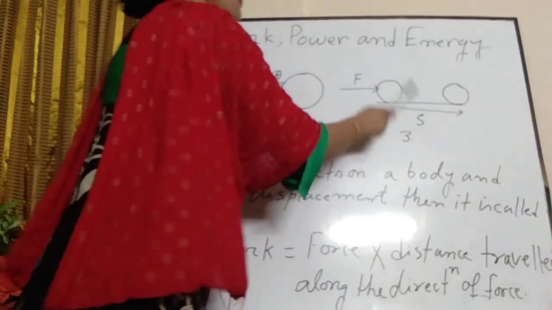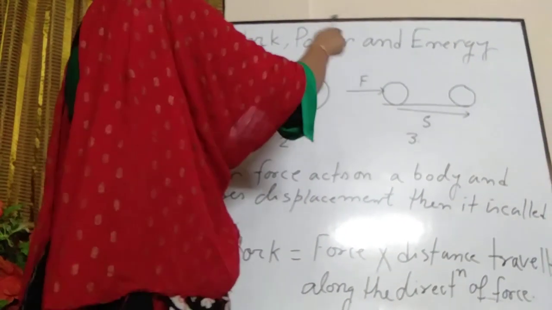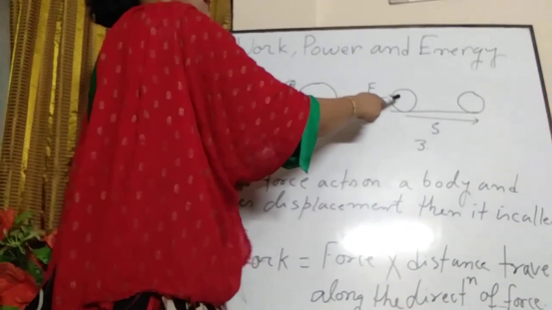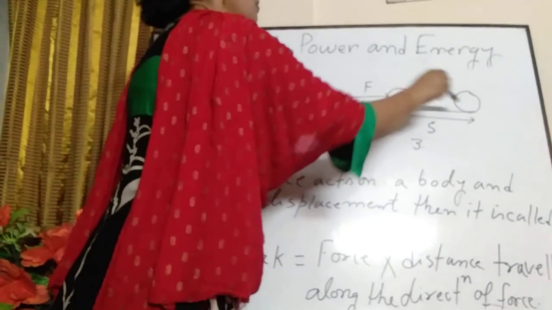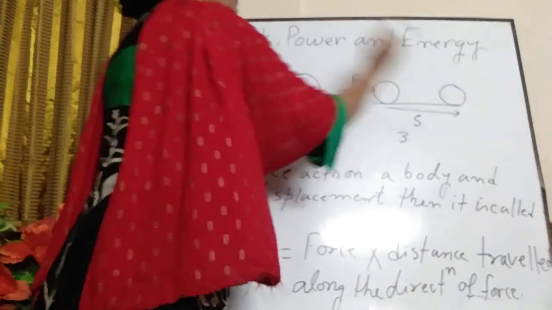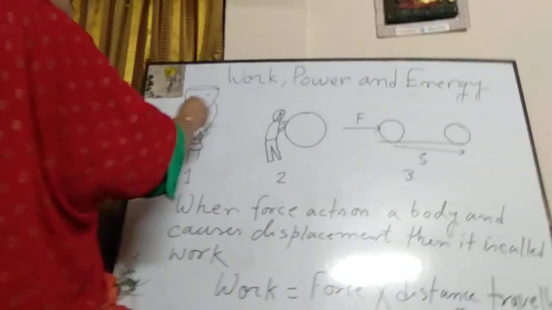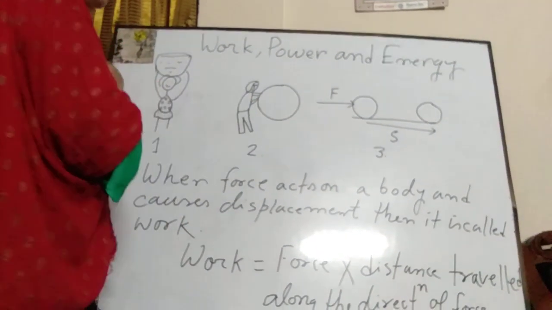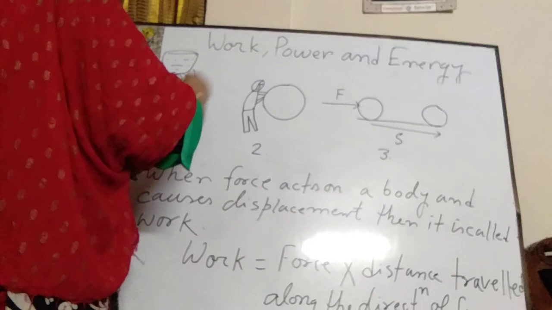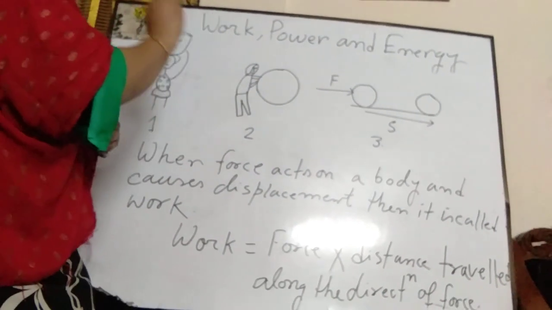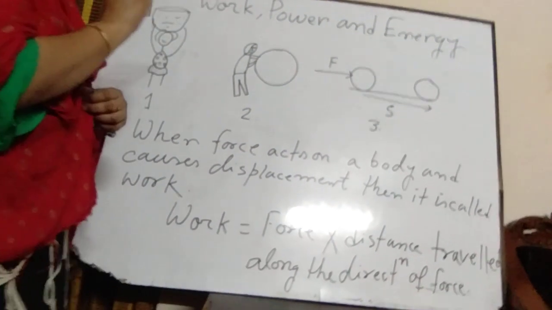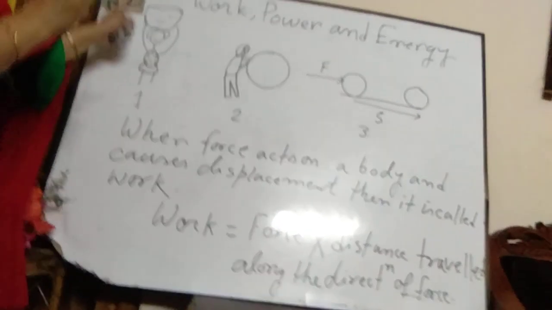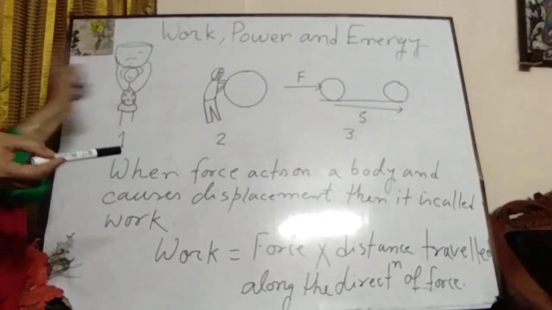Yes, in figure 3, because here force is applied on an object and as a result the object moves from its initial position to final position. But though the girl is applying force, and the boy is applying force, work is not done here. Suppose the girl is standing here holding the bucket for 2 hours.